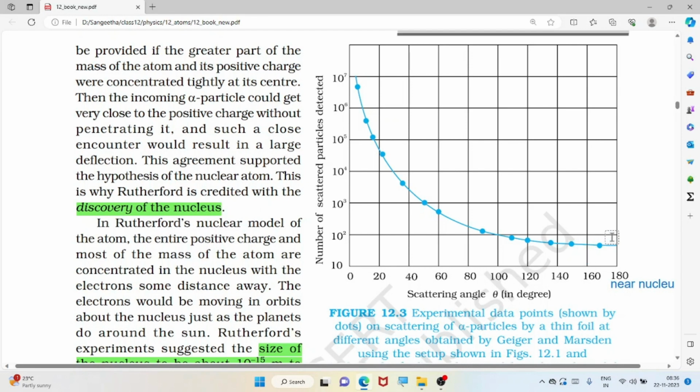You see fewer particles are scattered at the larger angle, around 180 degrees. Those are the particles that come near the nucleus. Particles bombarded near the nucleus are scattered at higher angles than at other places. Here the deviation is a smaller angle and more particles are scattered, while fewer particles are scattered at larger angles. That is near the nucleus.